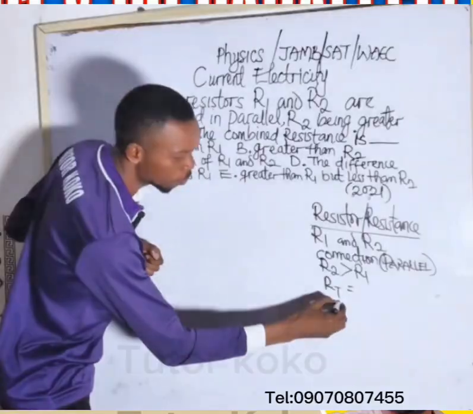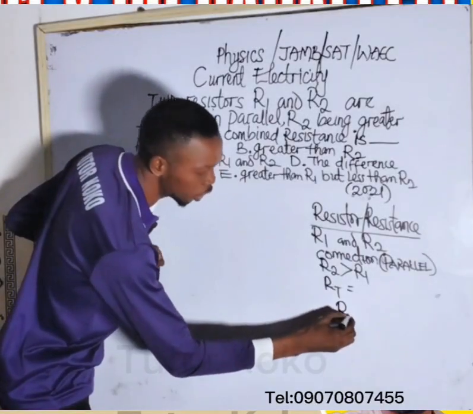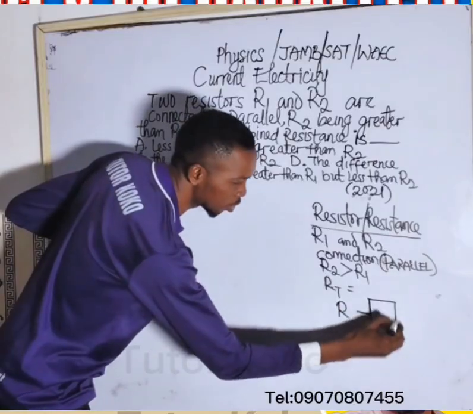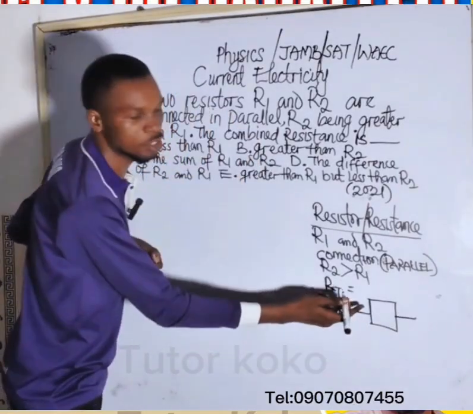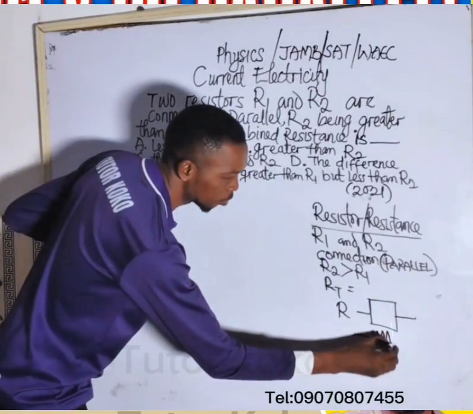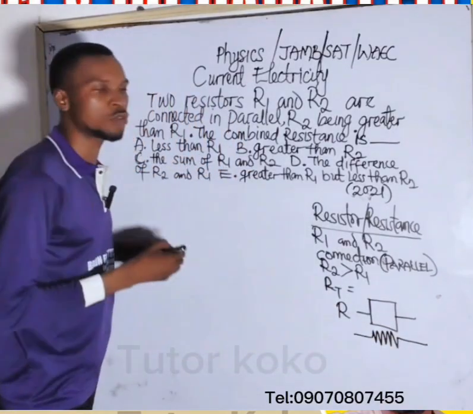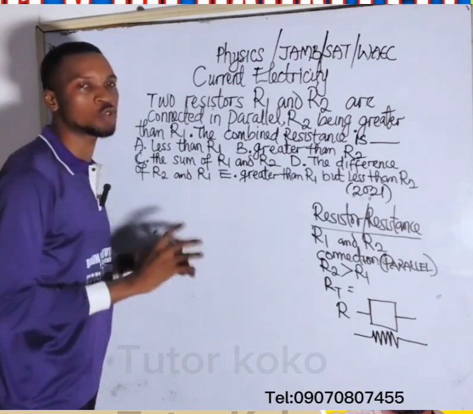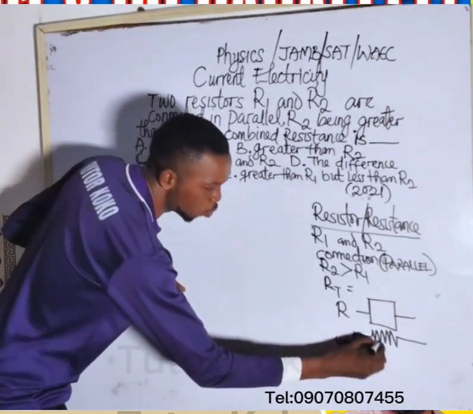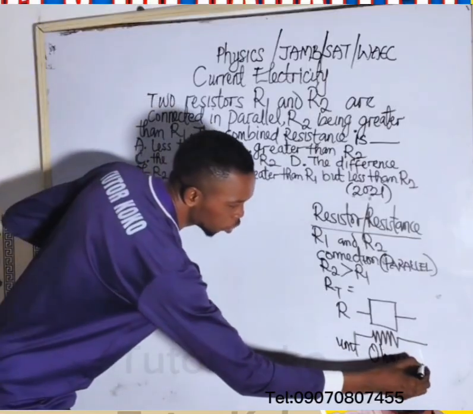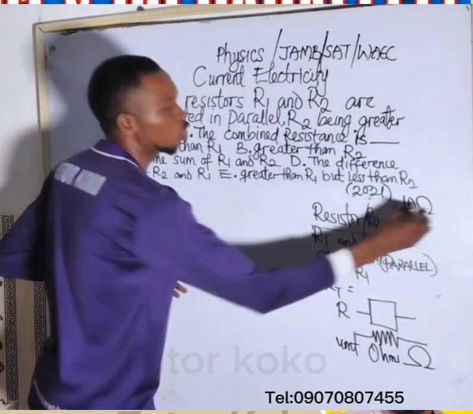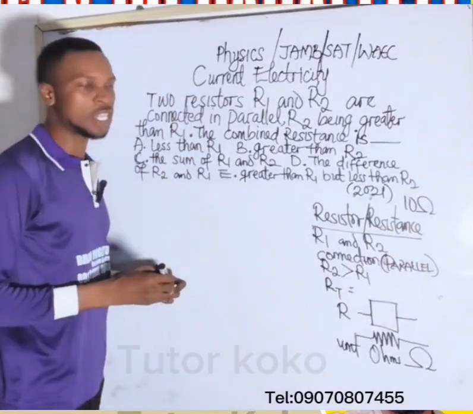We denote resistor with the letter R, and the symbol in a circuit is like this. If you see any symbol like this, it's talking about a resistor, or sometimes you can see something like this. These are the diagrams that we use to represent resistor. And the unit of resistance is ohms. So if I say 10 ohms, just know that I'm talking about resistor.